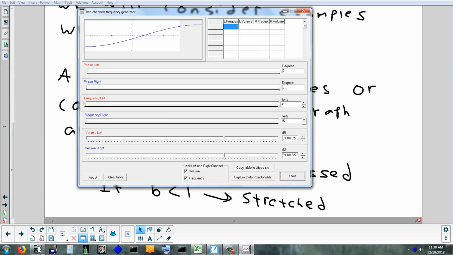If I start to increase the frequency, all of a sudden you'll hear something somewhere else in the room that vibrates at the frequency that I'm playing. As I go up slowly, you'll hear it. So something's vibrating.